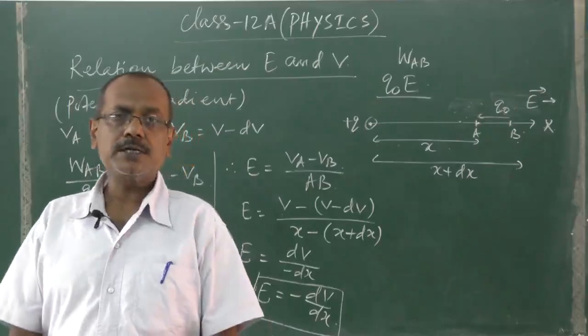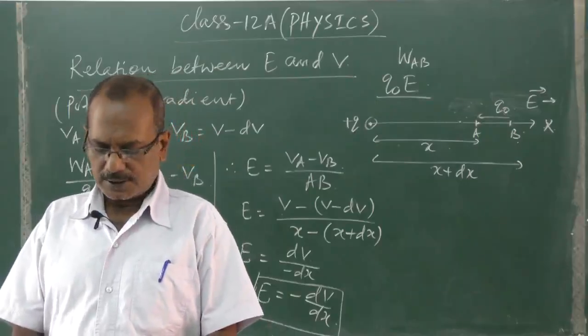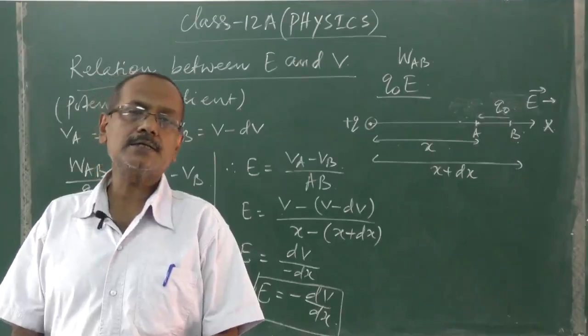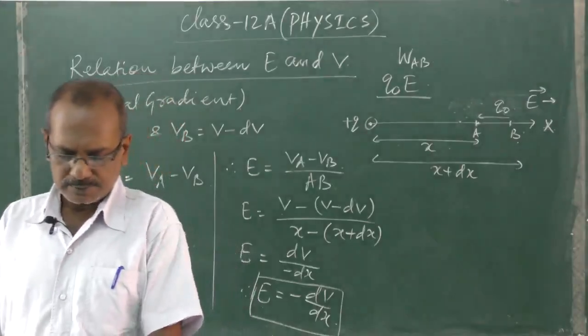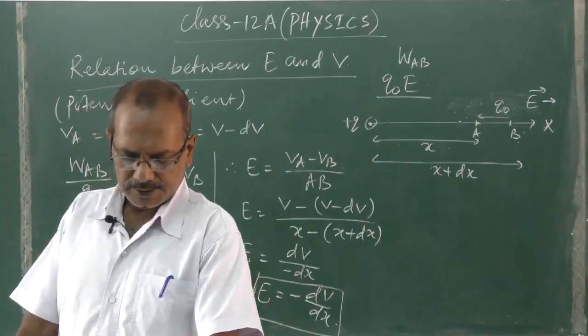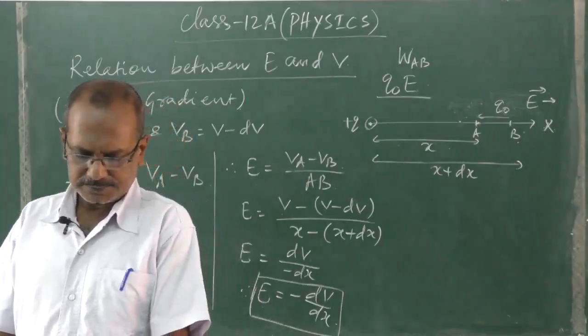So therefore, electric intensity is the negative potential gradient.